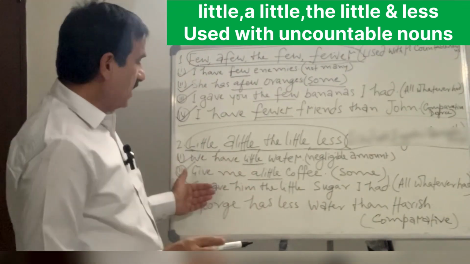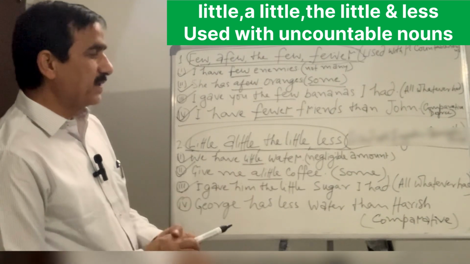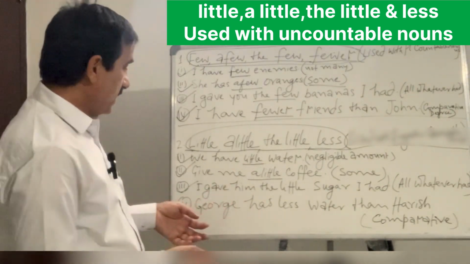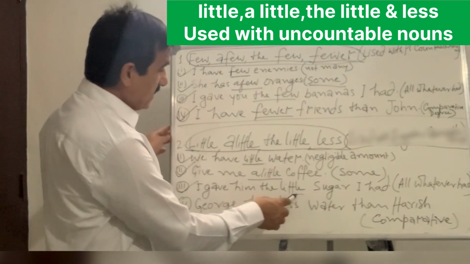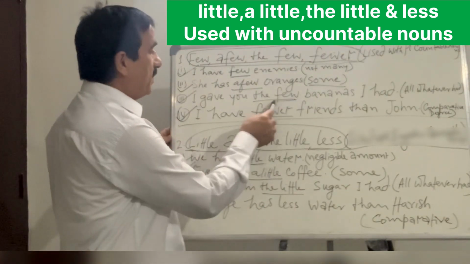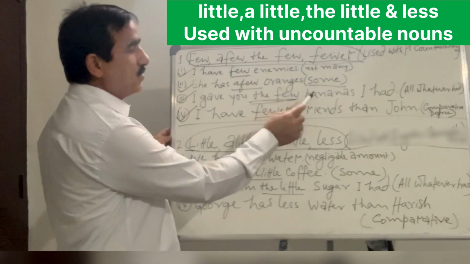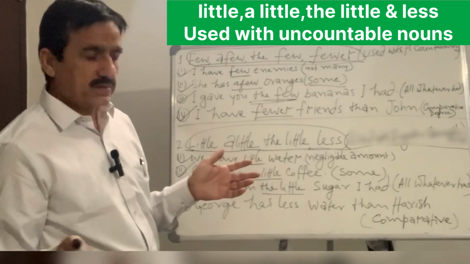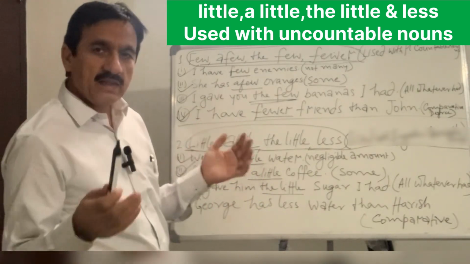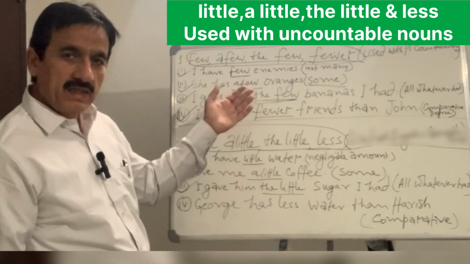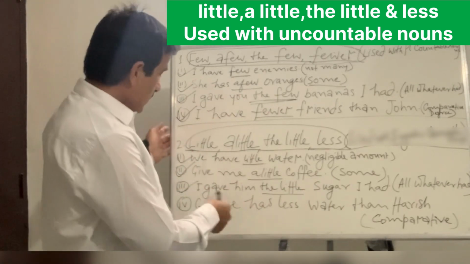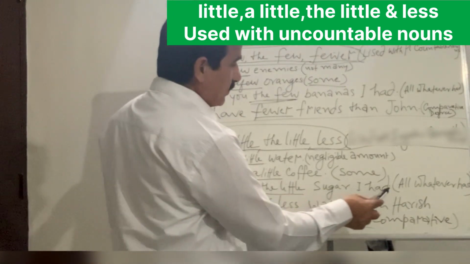Next example, I gave him the little sugar I had. See, the little is just like the few, but the few is used with countable nouns and the little with uncountable, but the meaning is the same.